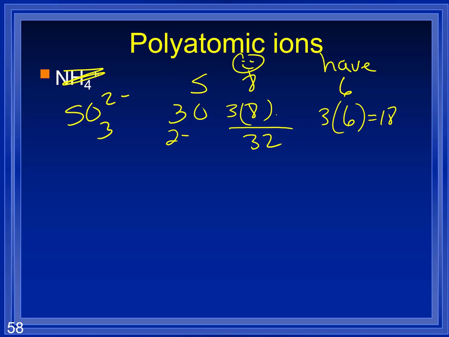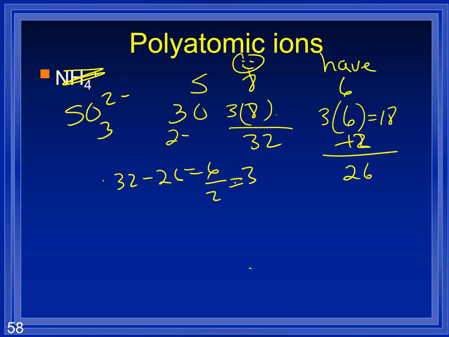Okay. That takes care of the atoms, but now I've got to deal with the charge. This has a charge of 2 negative. How do you get a charge of 2 negative? You gain 2 negative pieces, right? So I have to add 2 more for the charge. So that gives me 26. 32 minus 26 is 6, divided by 2 is 3.